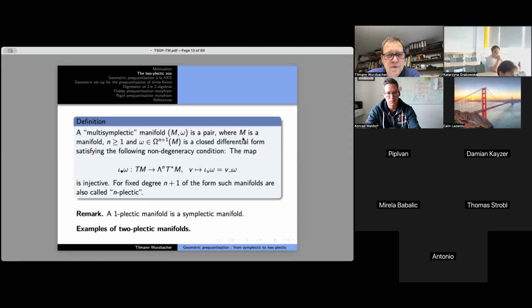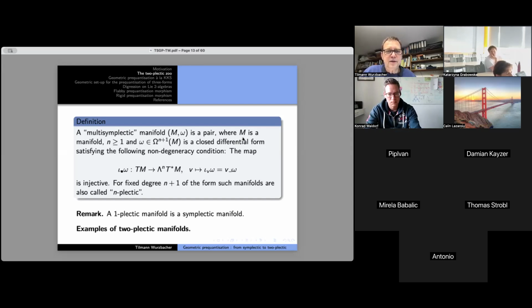It means if you contract with a tangent vector, you have a map from the tangent bundle to the nth power of the cotangent bundle. If you calculate the ranks of both sides, there's no hope that this is an isomorphism as in symplectic geometry, but you can hope that it is injective. That's the definition of an n-plectic manifold.